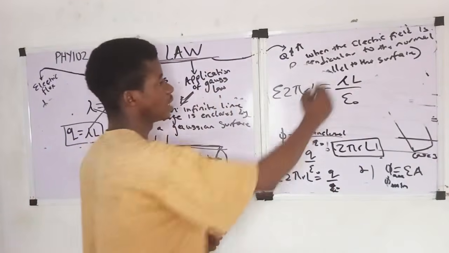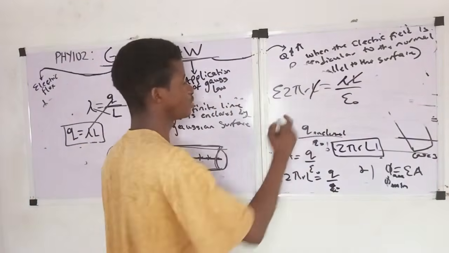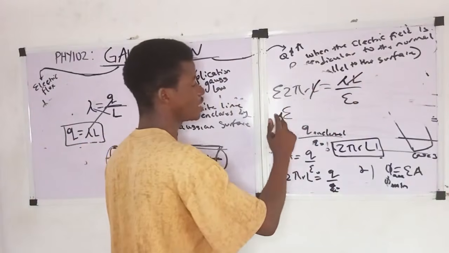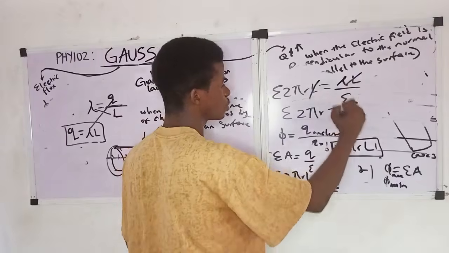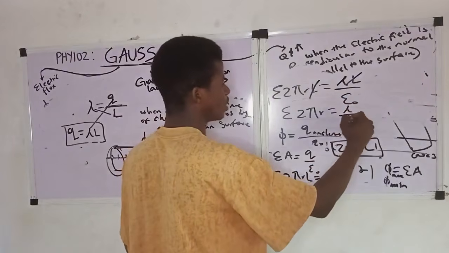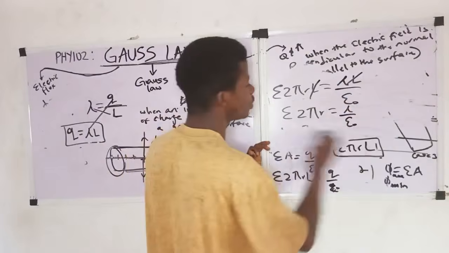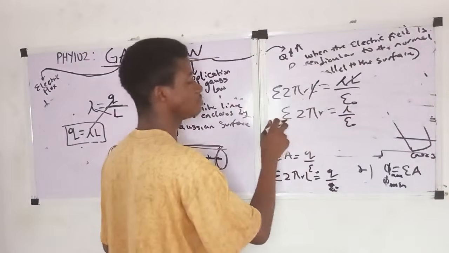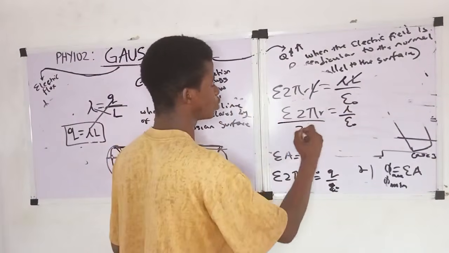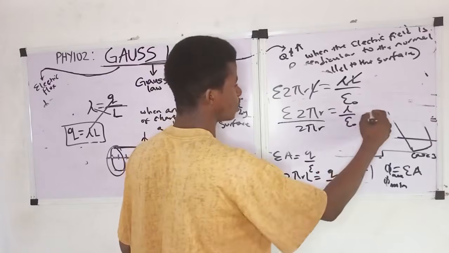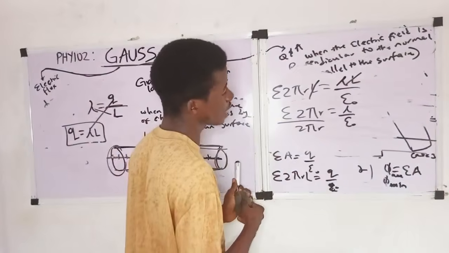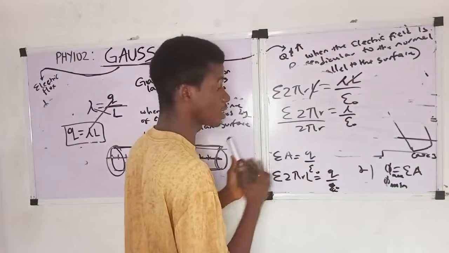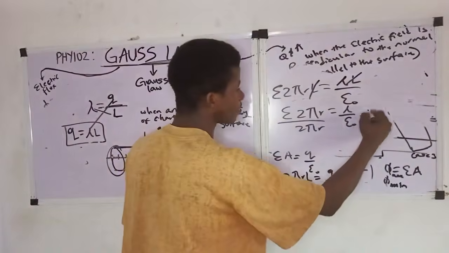If we continue, this L will cancel this L, right? We are now left with electric field times 2 pi r equals linear charge density over epsilon naught. If we want to make electric field stand alone, we divide both sides by 2 pi r.